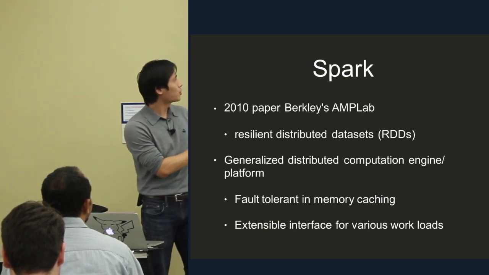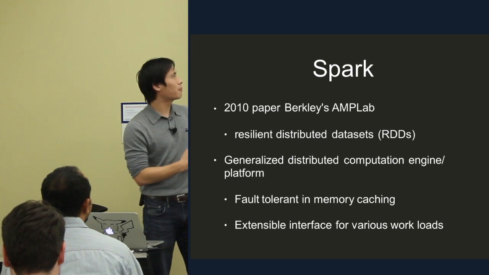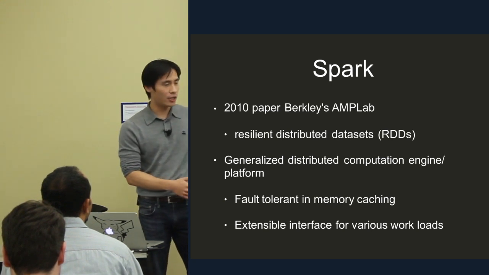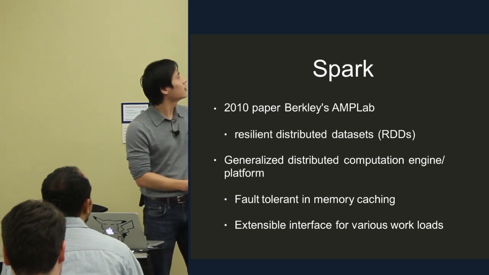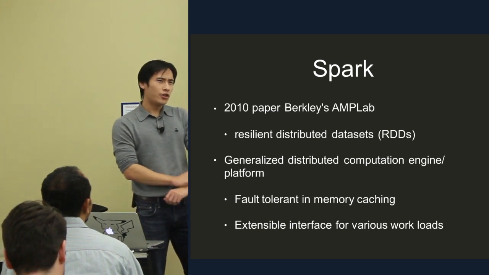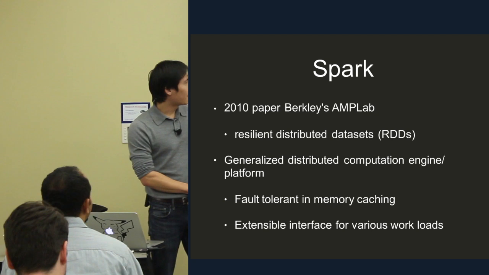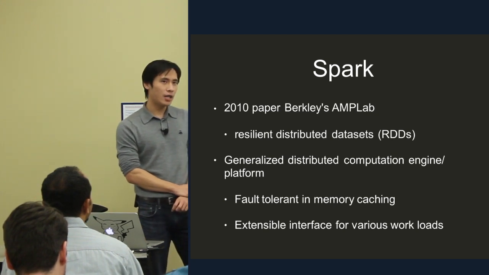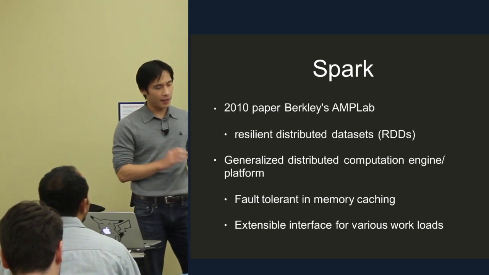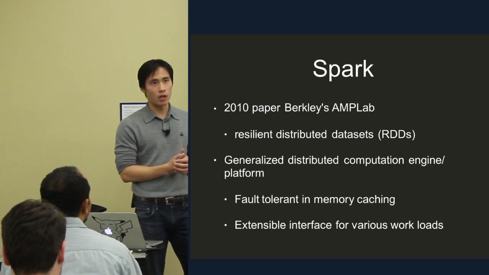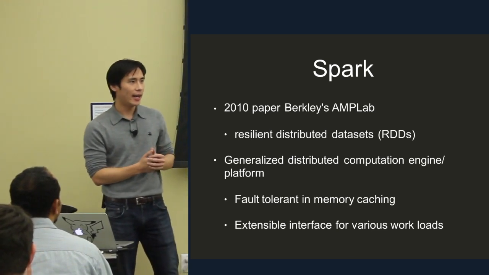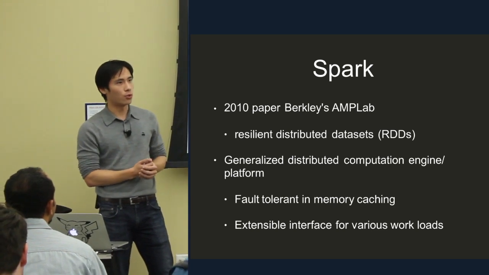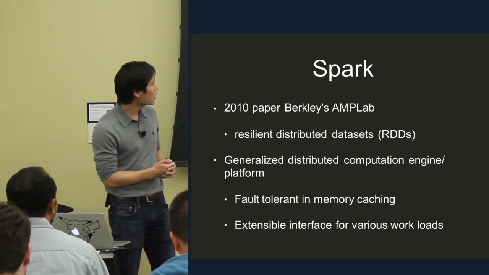But going more on Spark, Spark builds a generalized distributed computation engine and platform based on the concept of RDDs. And what's unique about Spark is that you have fault-tolerant in-memory caching, so that data can be shared between workloads in a really fast manner, instead of having to read out of a network store such as HDFS.